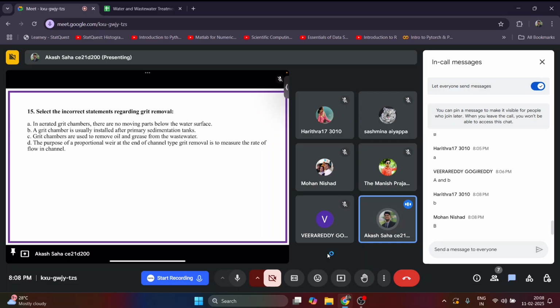B is definitely incorrect because it is installed before the primary sedimentation tank.